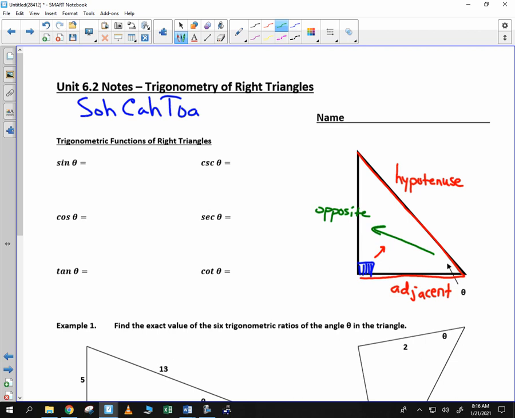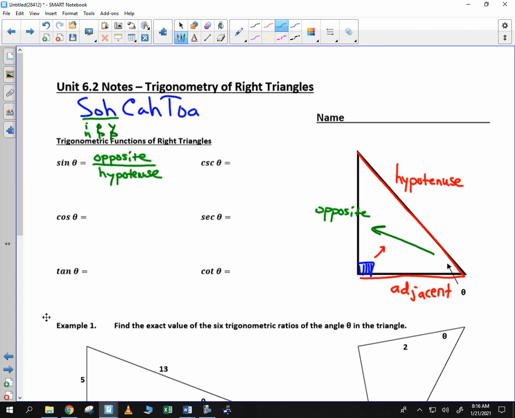And so, sine of theta is the opposite over the hypotenuse. And you can see from this first part here, sine, opposite, and hypotenuse.